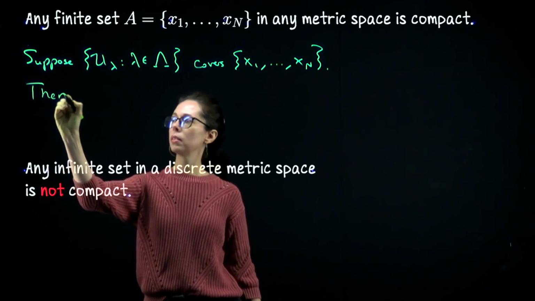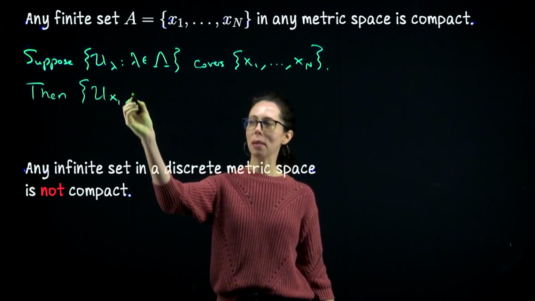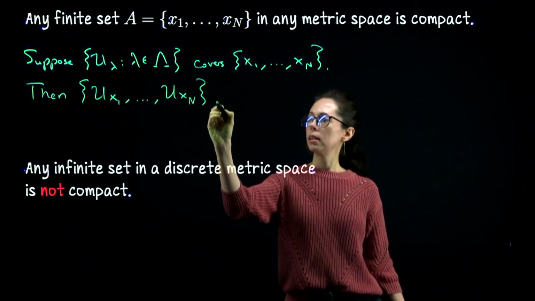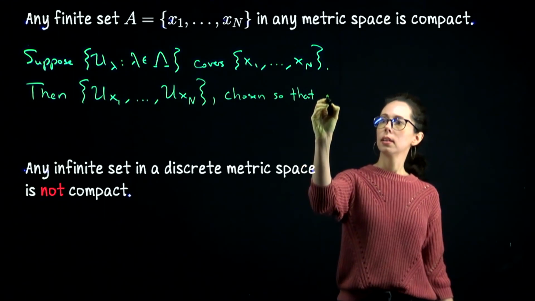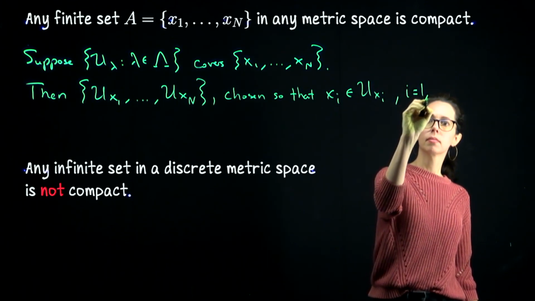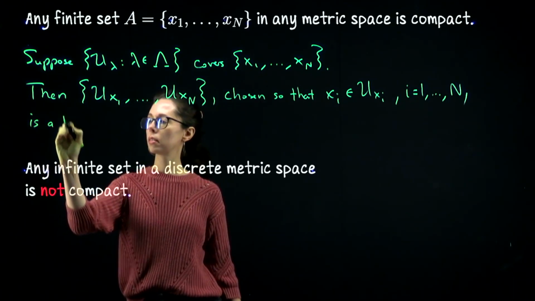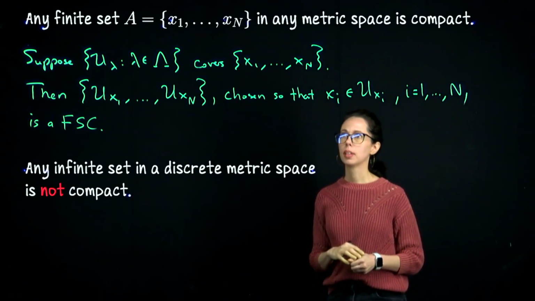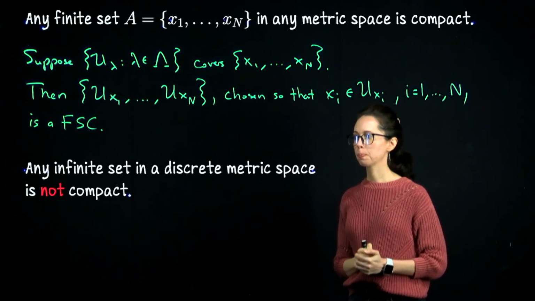Then U sub x1, sorry, I'm passing from lambdas to a different subscripting, chosen so that x sub i is in U sub xi, is a finite subcover. Okay, so that's the idea. To cover 8 points, you need no more than 8 sets, one for each.